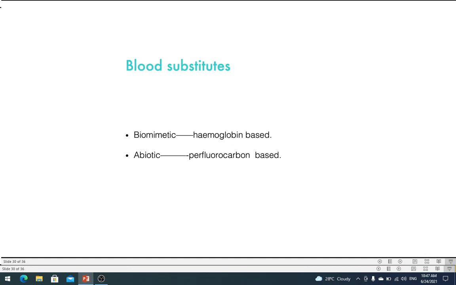One is hemoglobin based, that is derived from hemoglobin from other sources, modified to carry oxygen so it can be transfused. The other is perfluorocarbon. They are trying to modify this molecule to carry oxygen. So these are the blood substitutes being tried out. You can read all these articles, you can get them online if you are interested.